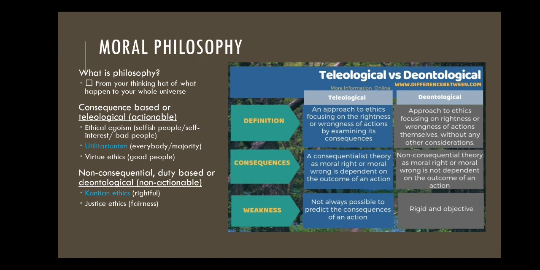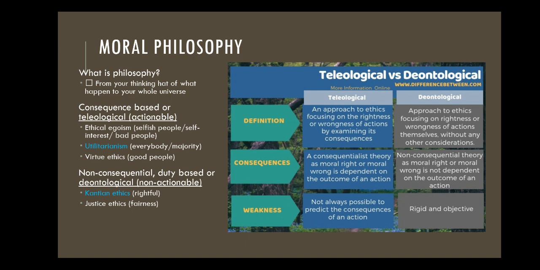See the second green box here, consequences. In a consequentialist theory, moral right or moral wrong is dependent on the outcome of an action. But for the deontological philosophy, a non-consequential theory, moral right or moral wrong is not dependent on the outcome of an action.